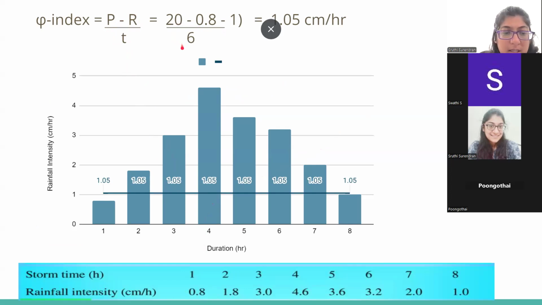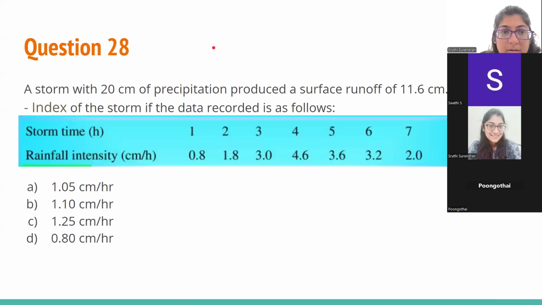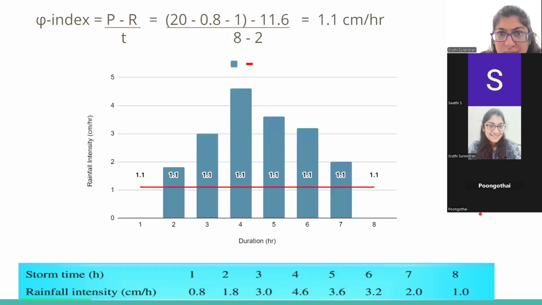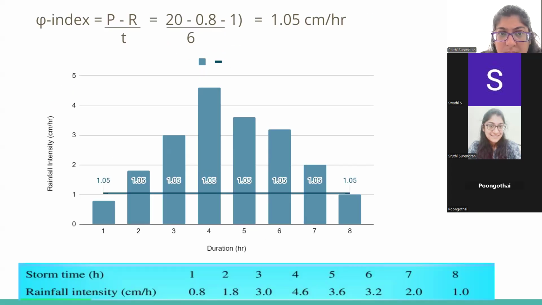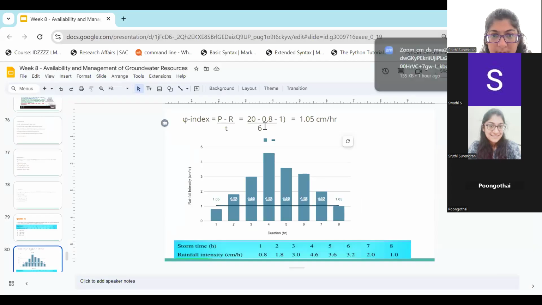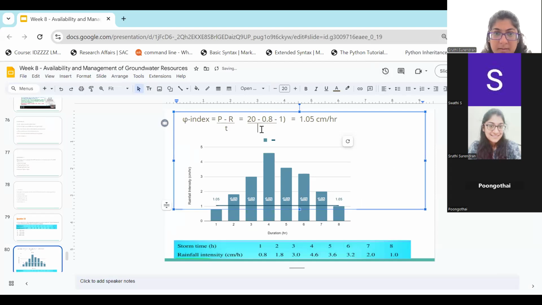Okay, 20, it is 0.8 into 1 plus 1.8 into, basically you're multiplying it. So add all of these and 20 minus that, divided by 8. One second, this calculation is not right.